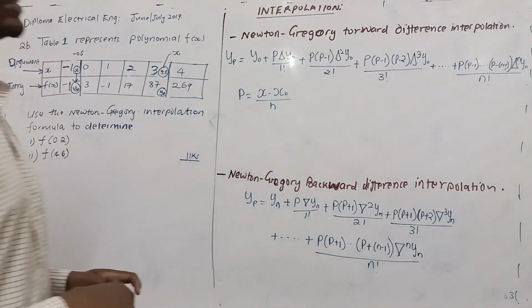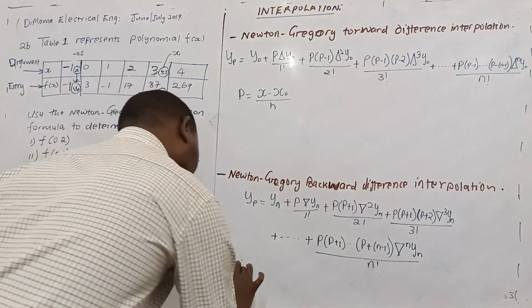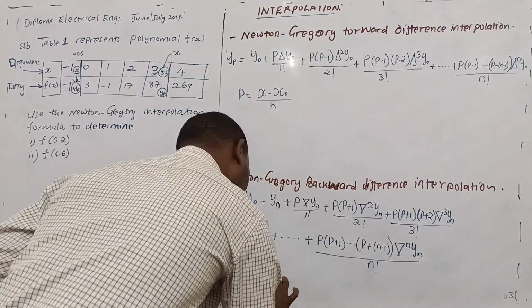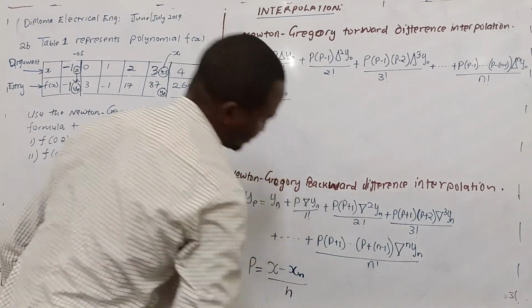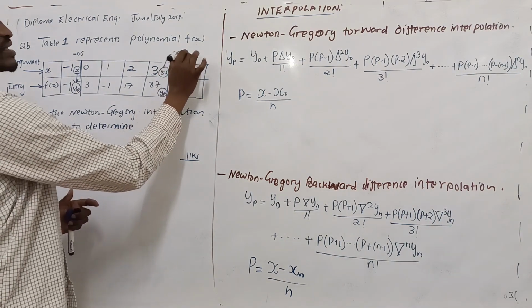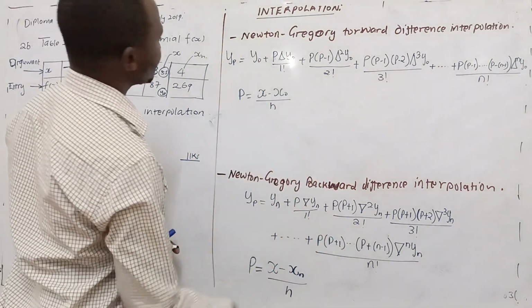So the formula is continuous like that. But now, here your P will be equal to (x minus xn) over h, where xn is the very last value of x here. This is your xn in this case. So these are the two formulas that you are going to use in the next section.